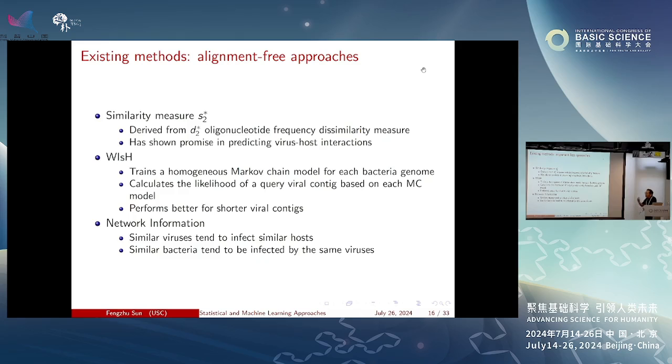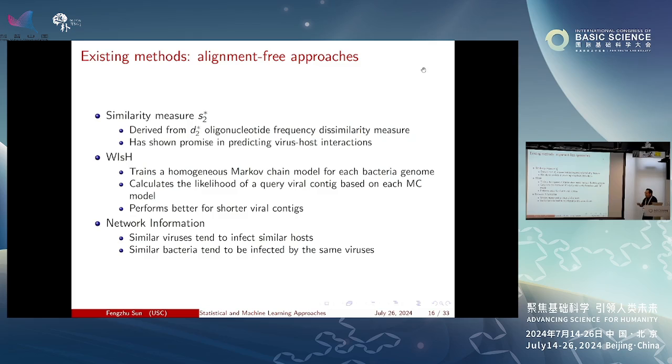So the idea is, again with some mathematics, what they do is the following. For each host sequence, they built a Markov chain model. And then, once you have this Markov chain model, you calculate the probability of the viral sequence under this Markov chain model, and you use that to measure the similarity between the virus and host. So you can think about the different hosts as models, and you choose the model that has the maximum likelihood.